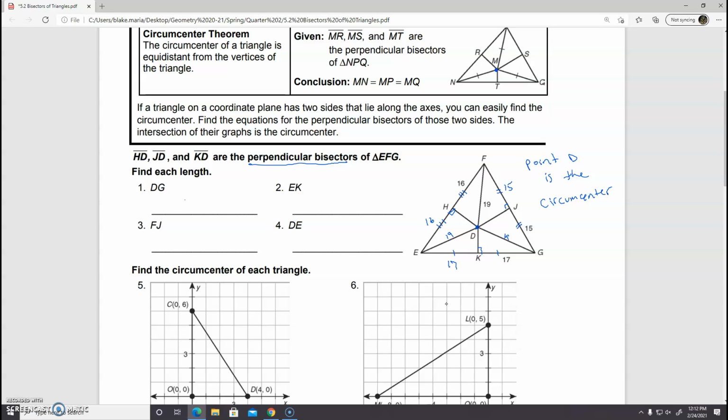And actually we have both of those here. DG is 19 and DE is 19. And that was the actual Circumcenter Theorem there. EK, we already filled that in. That was because of that word bisector. We knew those were equal. And then FJ is 15. Again, bisector, equal. So applying what we know.